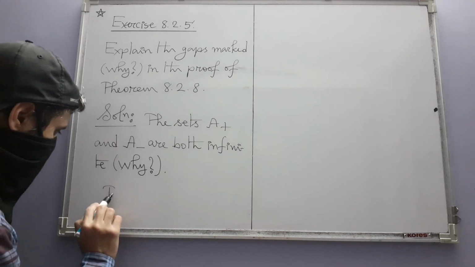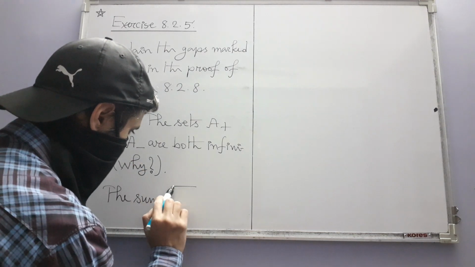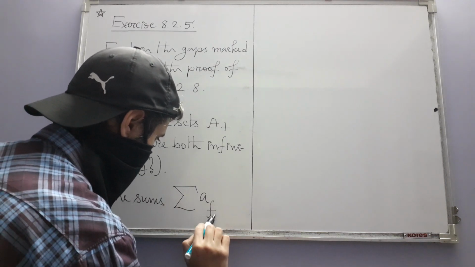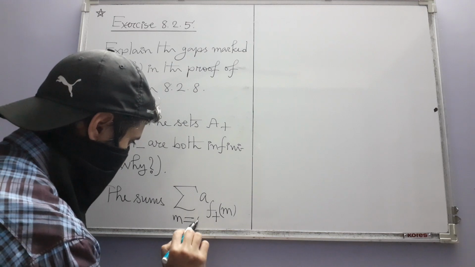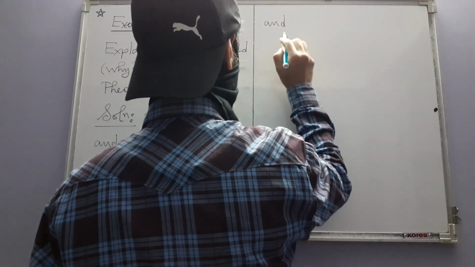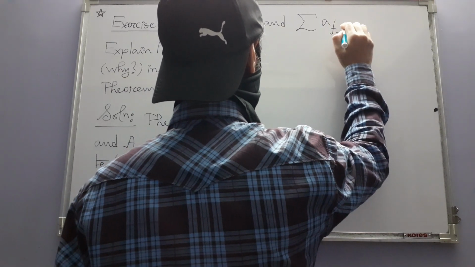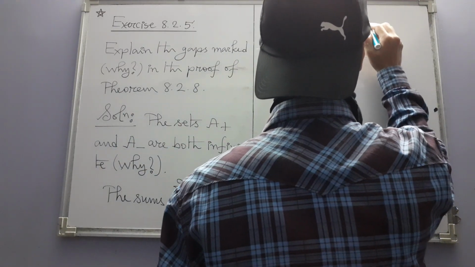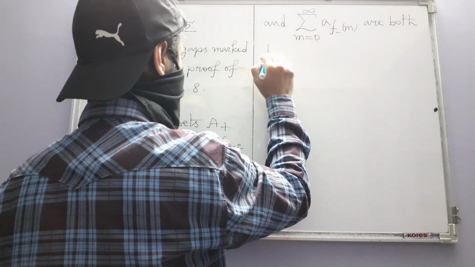The sums, summation a_{f plus of m} as m varies from 0 to infinity, and summation a_{f minus of m} as m varies from 0 to infinity, are both divergent.